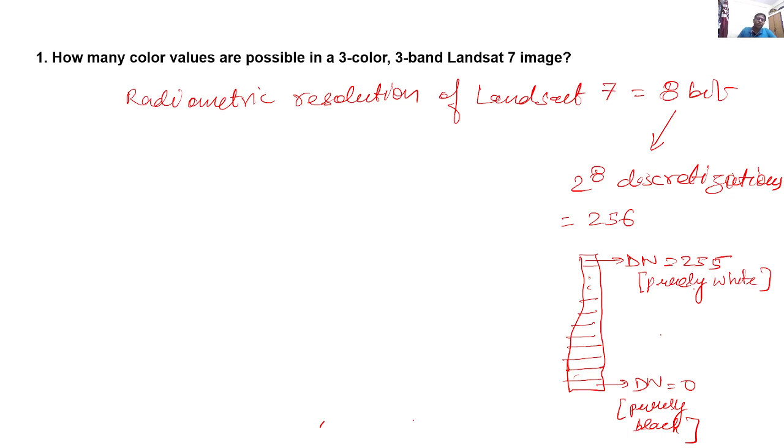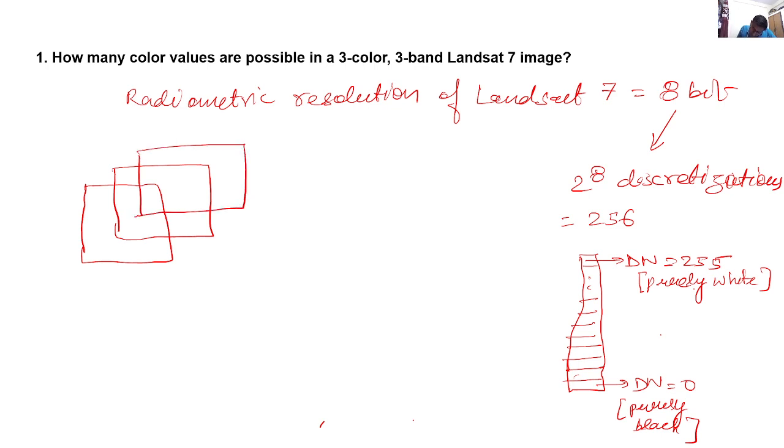Anyways, this question asks you to find the number of possible color values in a three color, three band Landsat 7 image. There are three bands, as already illustrated by this question. So the number of different colors possible would be 2 to the power 8, and this would extend across the bands as well.